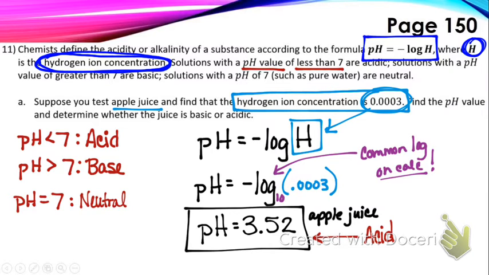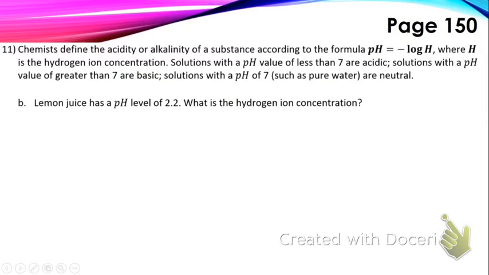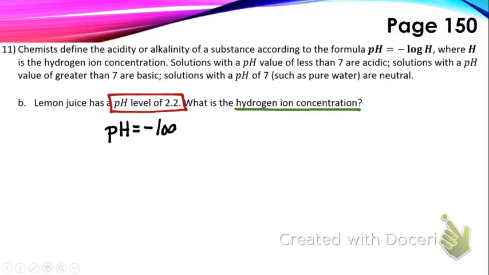Let's look at part B. Lemon juice has a pH level of 2.2. I want to know what is the hydrogen ion content. So here's my formula: pH is equal to negative log, common log, which is base 10, of our hydrogen ion content.